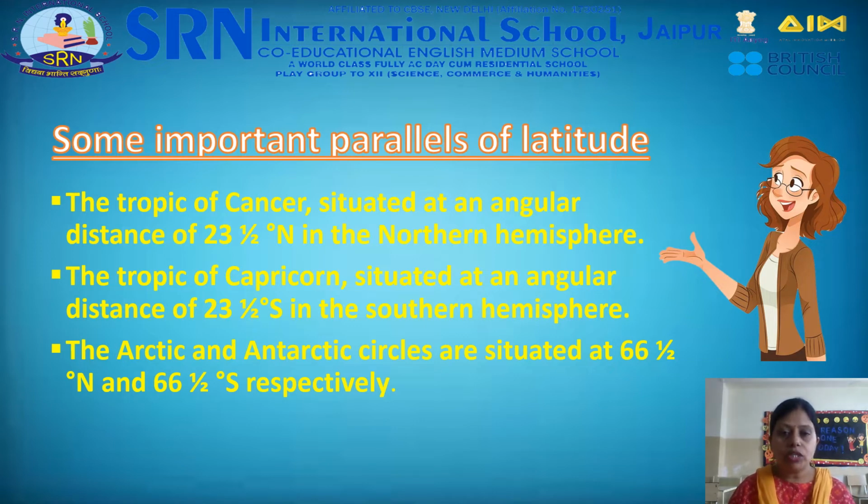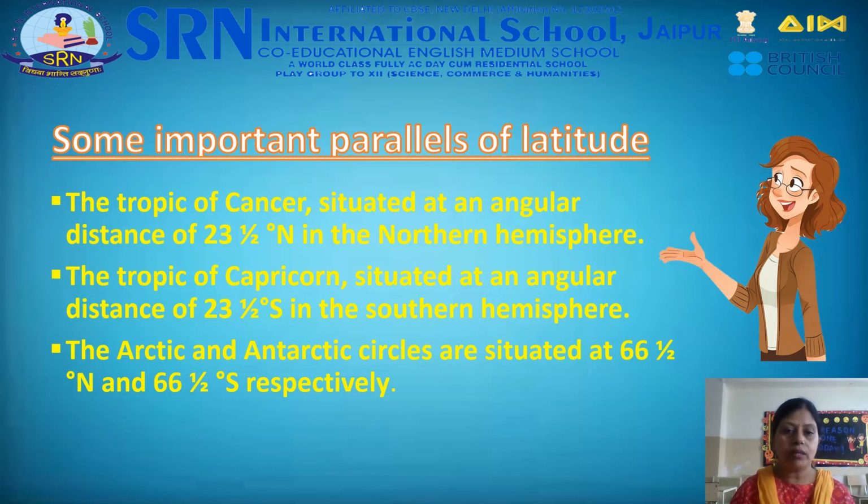The equator is drawn in the middle of the earth, halfway between the North Pole and the South Pole. It is the largest latitude around the earth. It is also called 0 degree latitude. All the latitudes are measured from this line only. Sun shines vertically over it throughout the year.